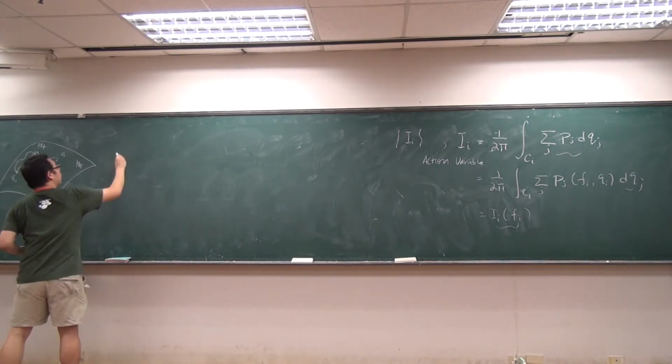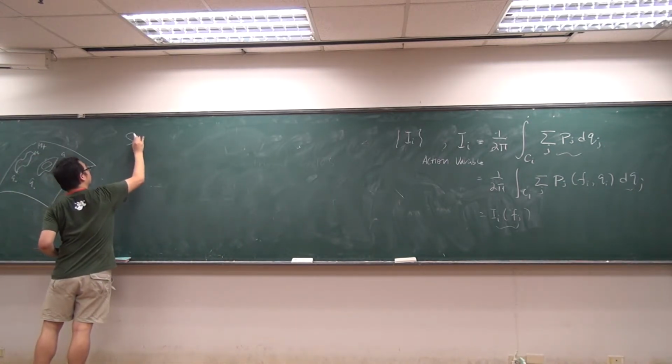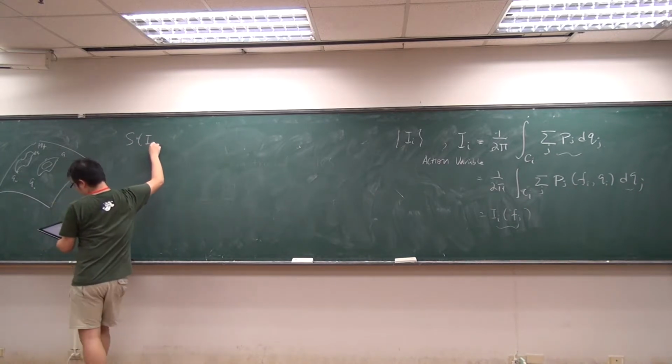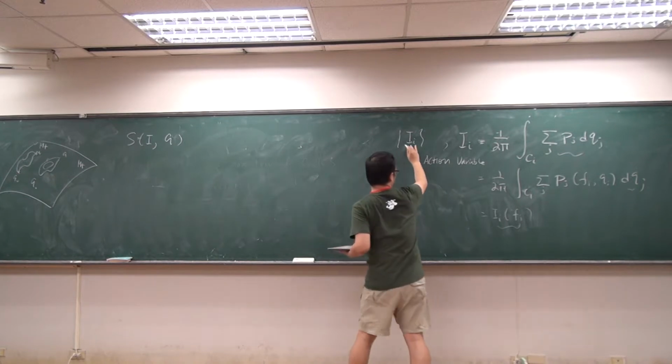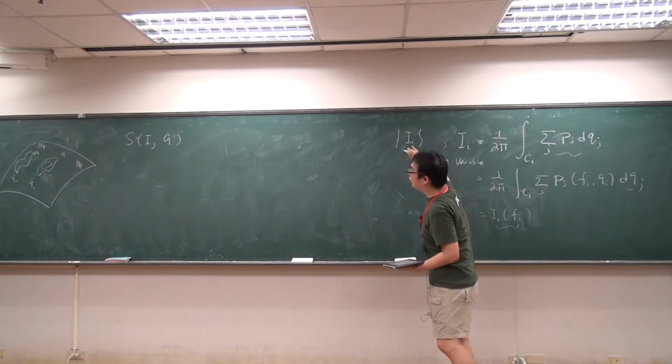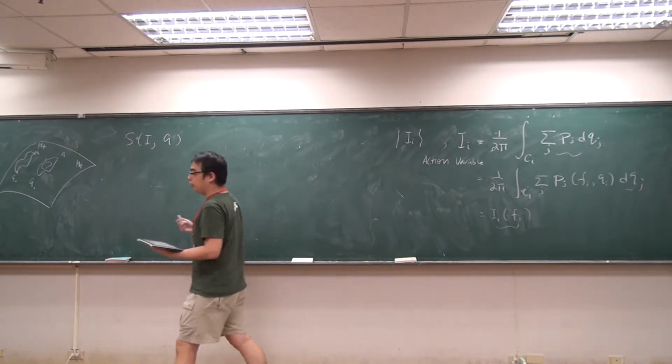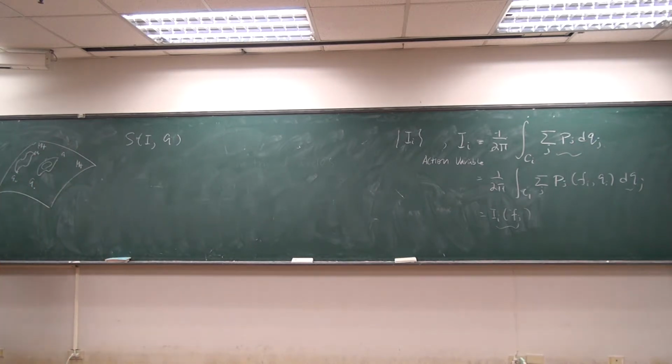Again, we can construct a generating function in terms of the action variables, which basically play almost the same role as F, but you are just changing to a different basis.